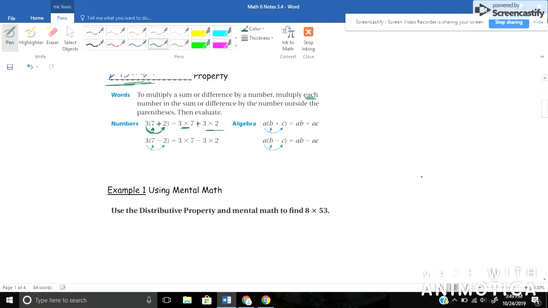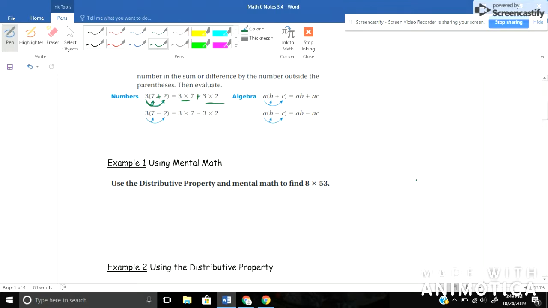And the most useful way that I think the distributive property is used is when you use it for mental math. Okay, if you saw this problem right here, 8 times 53, that might be a little bit tricky to do using mental math. So let's try using the distributive property to do so. The way I'm going to do that is I'm going to break down this number into two numbers added together.